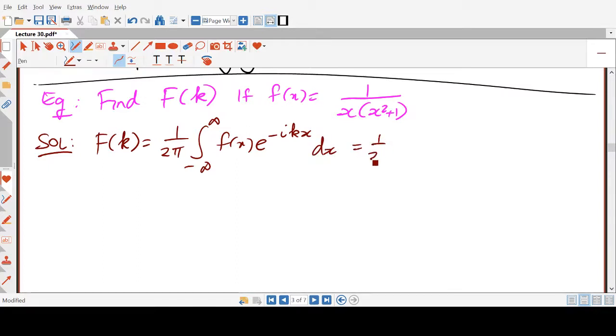So it's 1 over 2 pi integral minus infinity to plus infinity e to the minus I kx over x into x squared plus 1 dx. Now you see where yesterday's work comes in. How do you compute this integral? That's what I did yesterday. As was done yesterday, you can only handle that.